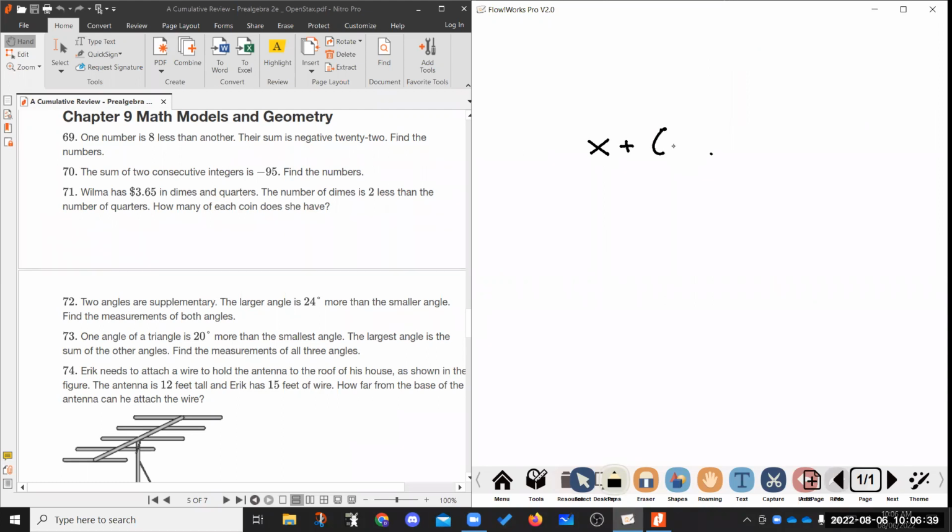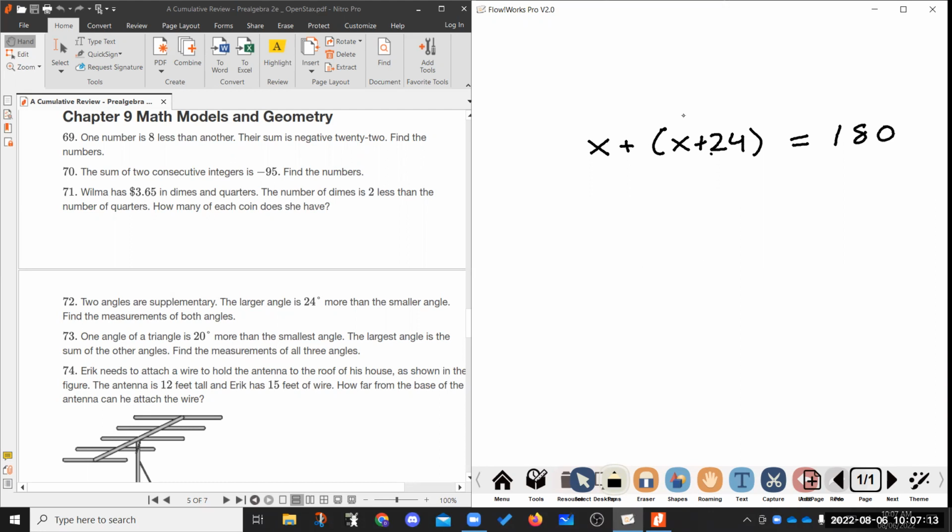Angle 2, we're going to call x plus 24, because it says 24 more than the smaller angle. So the smaller angle plus the larger angle needs to add together to be supplementary, 180 degrees. Find the measure of both angles.